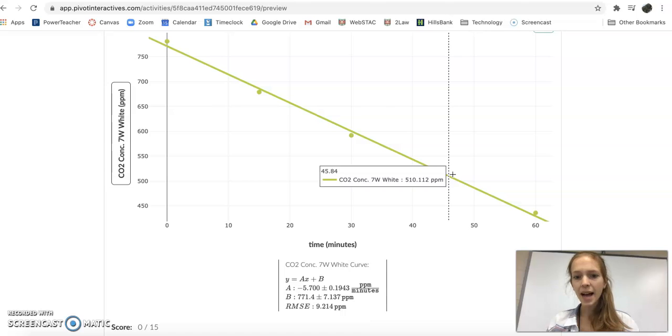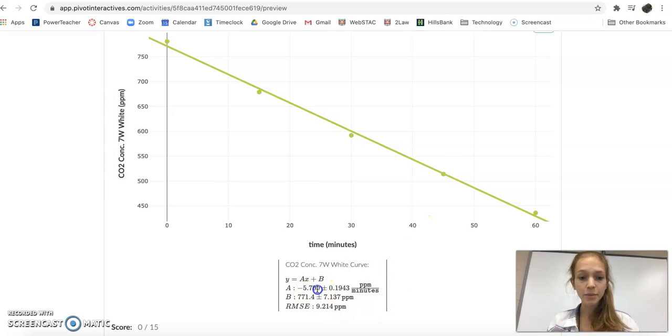So I recorded my A values, and if we just look at the colors where A was negative and photosynthesis was happening, I've got a negative 5.7 for 7 watt white light.